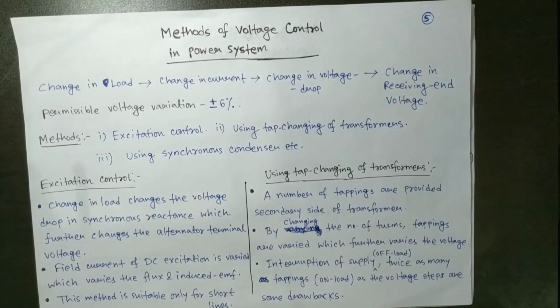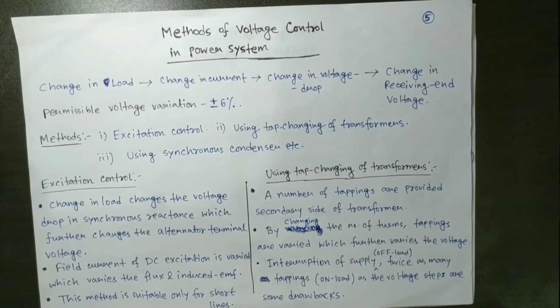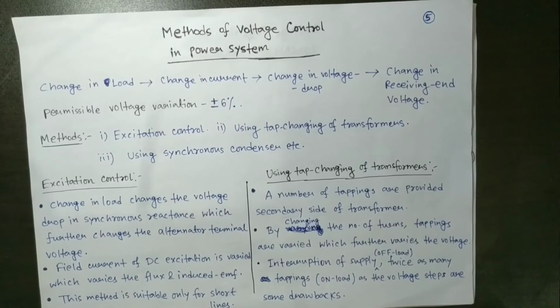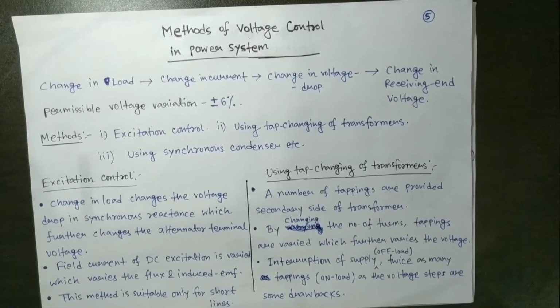So in that case, the DC excitation doesn't vary in a wide range. That range is very permissible. But when it comes to a longer transmission line, that range becomes very high, which leads to an uneconomical situation, which is the limitation of this excitation control.